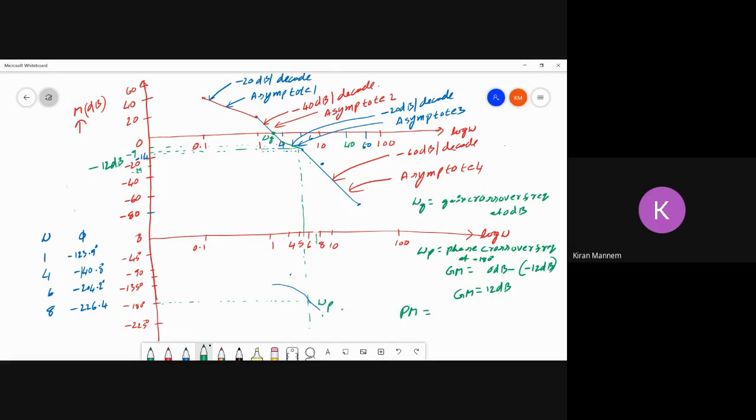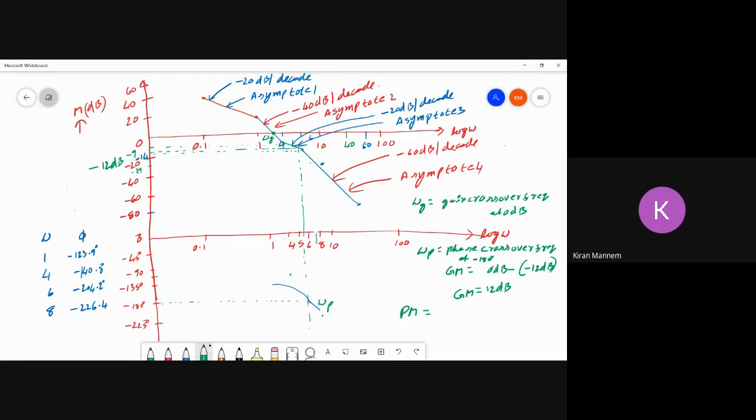Phase margin is phi plus 180 degrees. How do you find the phi value? Extend the gain crossover frequency to the phase plot.